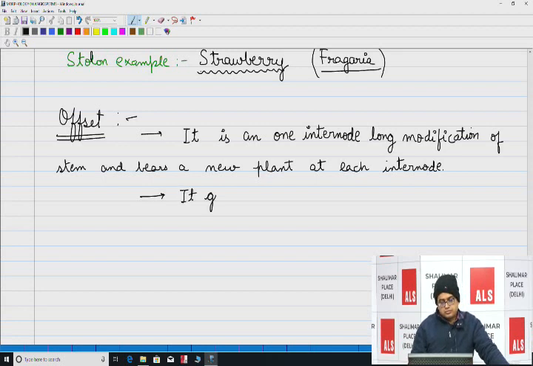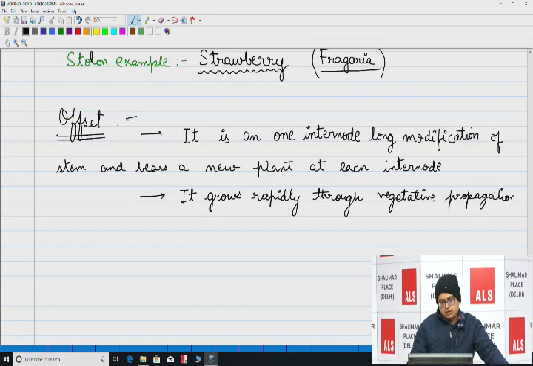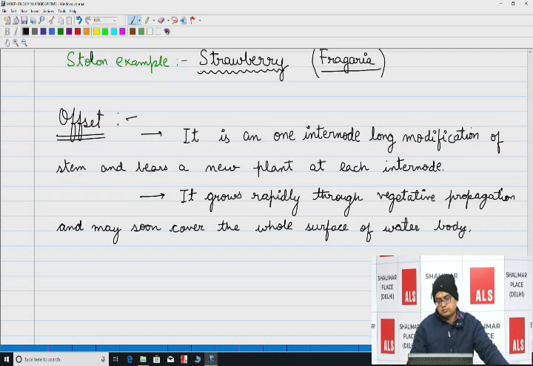It grows rapidly through vegetative propagation and may soon cover the whole surface of water body.